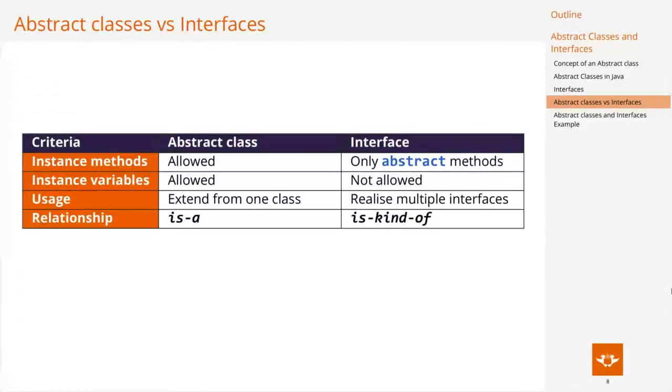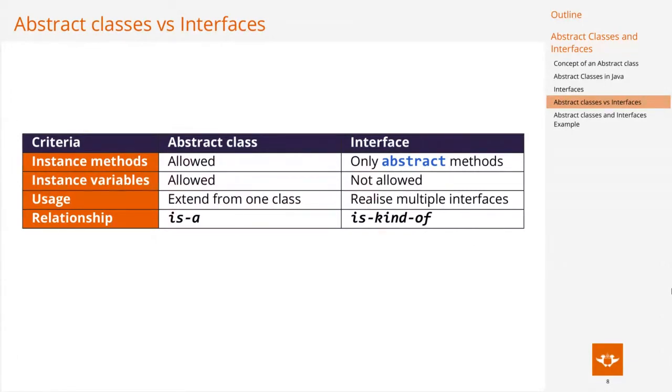Okay, so a comparison between abstract classes and interfaces, because sometimes people get confused between the two, so just to clarify what the differences are between them. You can see that instance methods are allowed in abstract classes because I can create instances of my child classes, so I can have instance methods there.